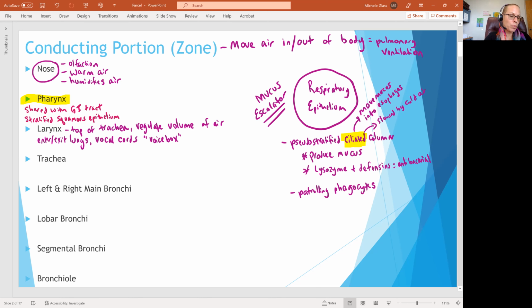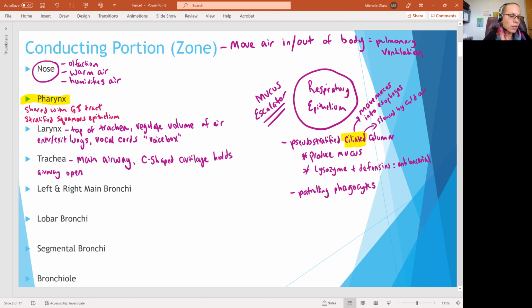We'll see that the larynx opens up into the trachea then. So the trachea we think of as the airway, the main airway. It's going to have C-shaped cartilage that's going to hold the airway open.